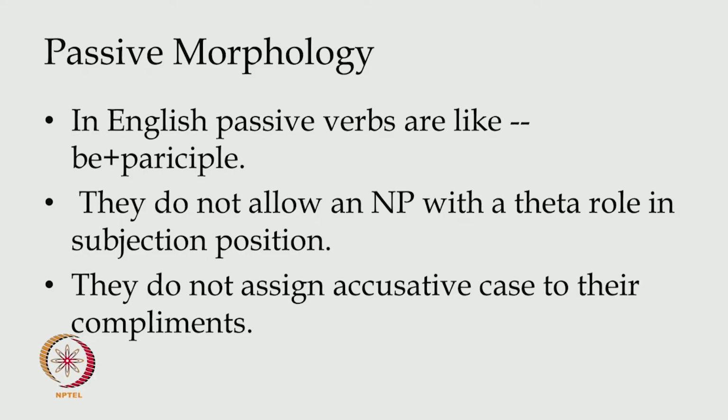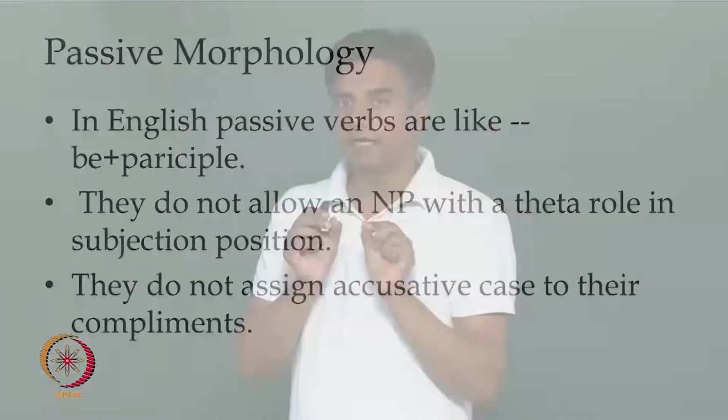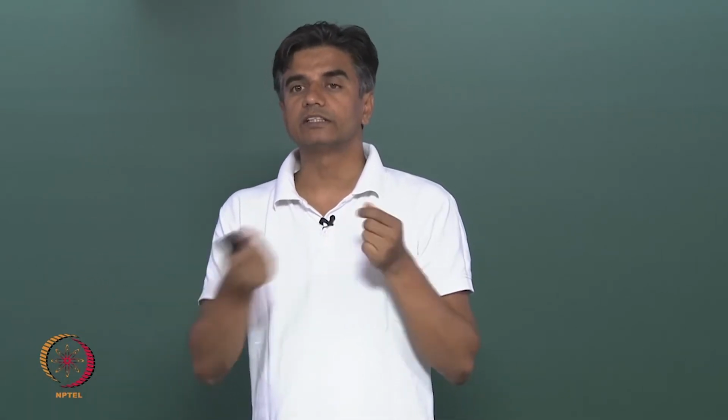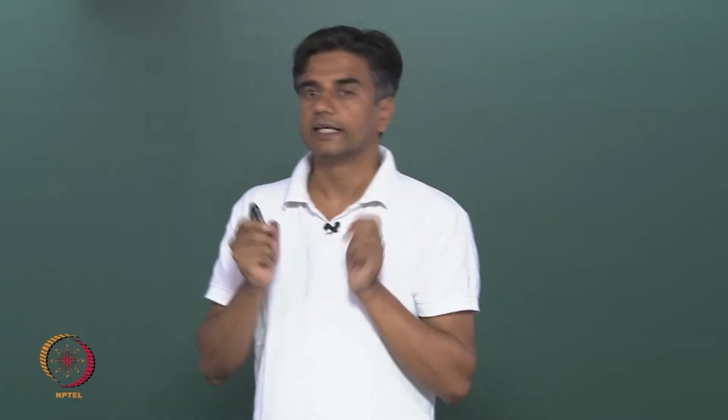Okay, it's an agent too. What happens in a passive verb is the whole idea is about the third form of the verb with another be, that is the verb be and then a participle together, they are called a passive verb.